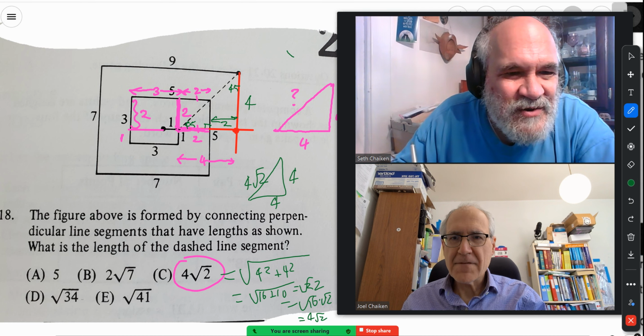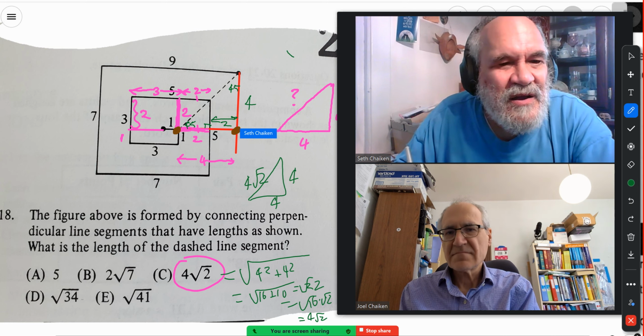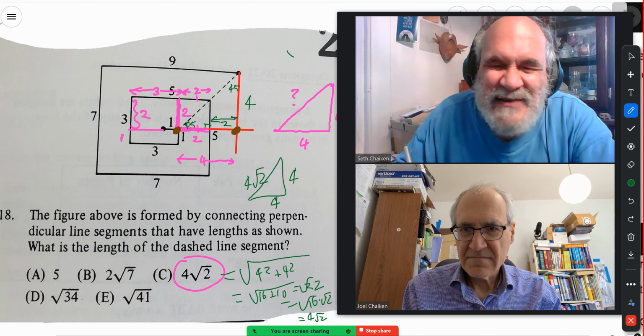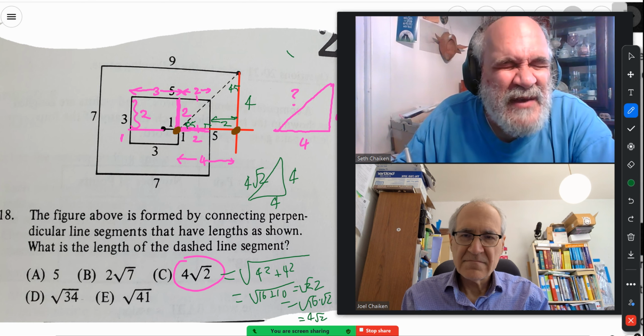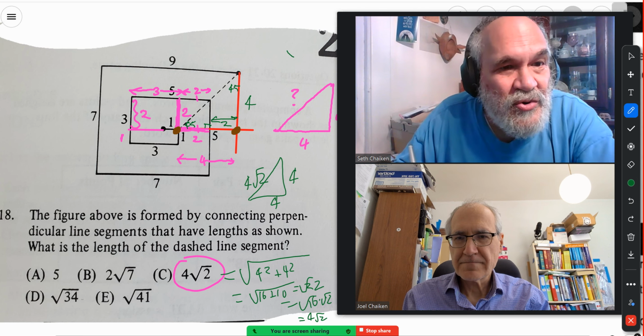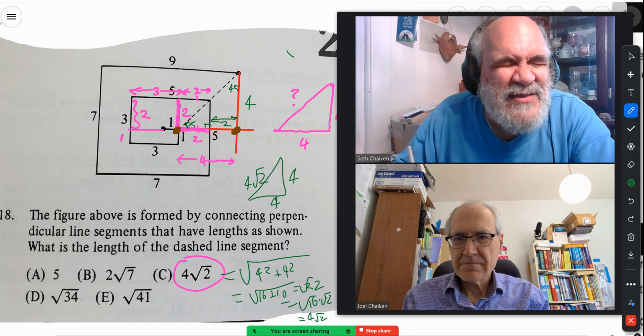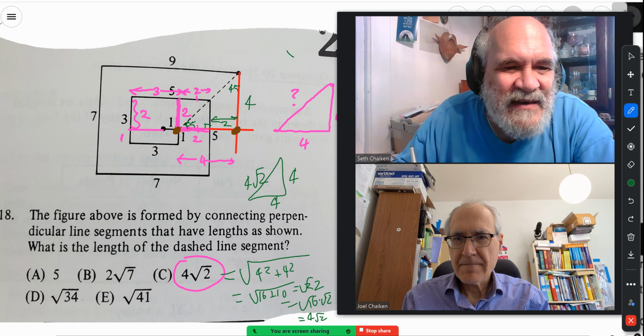You want to figure out how far you have to go east to get from this brown dot, the left-hand brown dot, to the right-hand brown dot. So you can get there by going distances that you know. Yeah. So you can go from brown dot A to brown dot B by the following route.